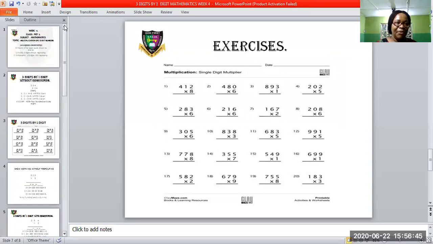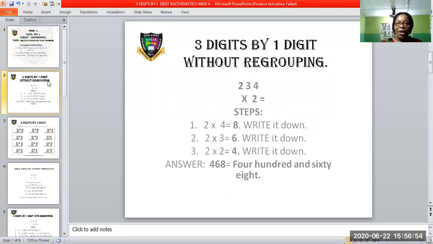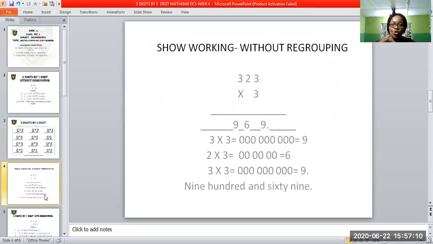Now, let's summarize what I have said so far. 3-digit numbers without regrouping means no carrying. Without regrouping, you don't carry. You write out your answer straight on the answer slot. Is that okay? Then we said, when you are doing that, you should also observe to know how it is arranged.